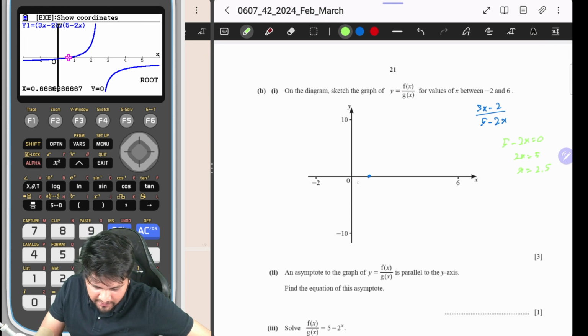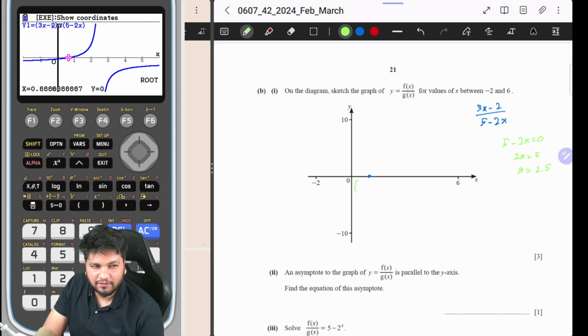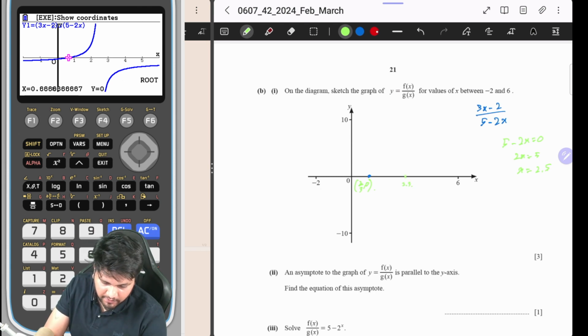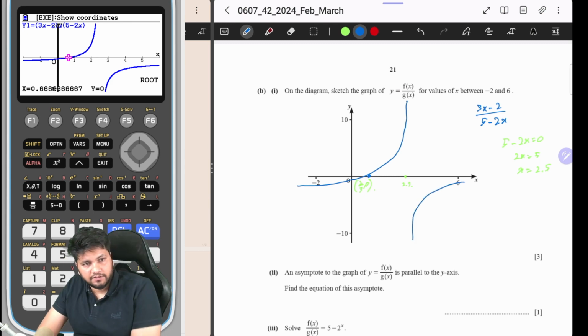Here you can write 0.6, it's nothing but 2 by 3. So 2 by 3 comma 0. This is one of the coordinates we are going to mention. And 2.5 is somewhere here, let's say. So the graph will be plotted somewhat like this. We don't want to plot it beyond that.